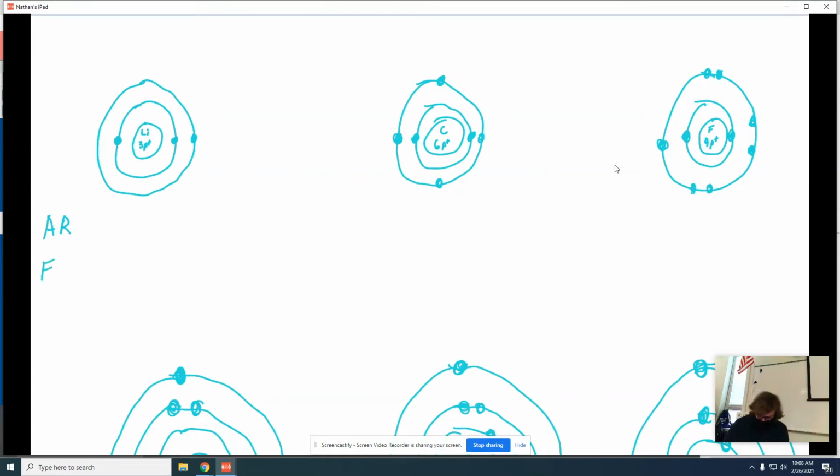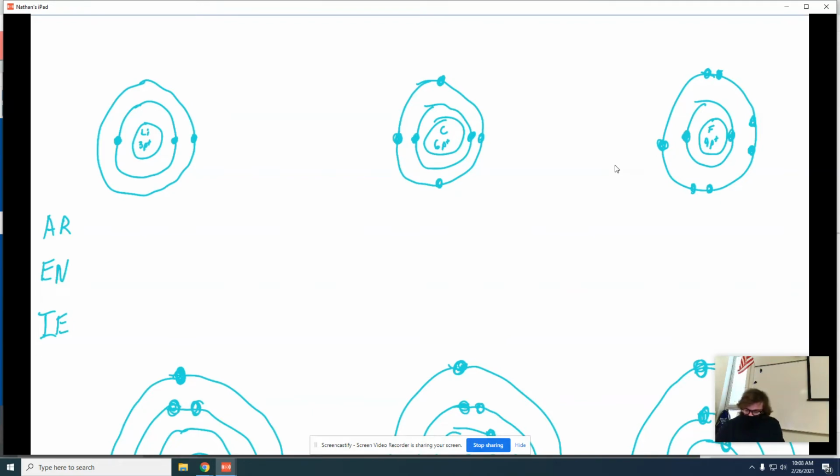We can talk about electronegativity, which is how likely this atom is to bring an extra electron in, so an electron that's just kind of floating around. And then we can also talk about ionization energy, which is the amount of energy it's going to take to rip an electron away. So let's think about distance and the amount of charge.